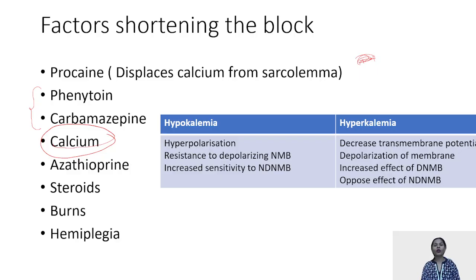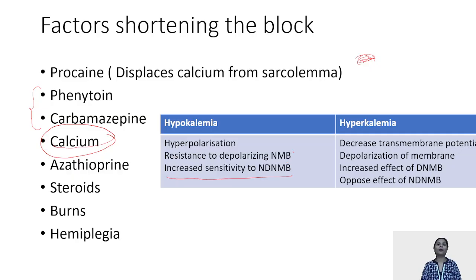So please remember, when we talk about hypokalemia, that it is a decrease in the potassium in the blood or in the plasma per se, you have a state of hyperpolarization in which the person is resistant to the action of your depolarizing neuromuscular block, because the depolarizing neuromuscular block acts like your normal acetylcholine. So if we have hyperpolarization, there will be resistance to that, but increased sensitivity to non-depolarizing muscle block is seen.